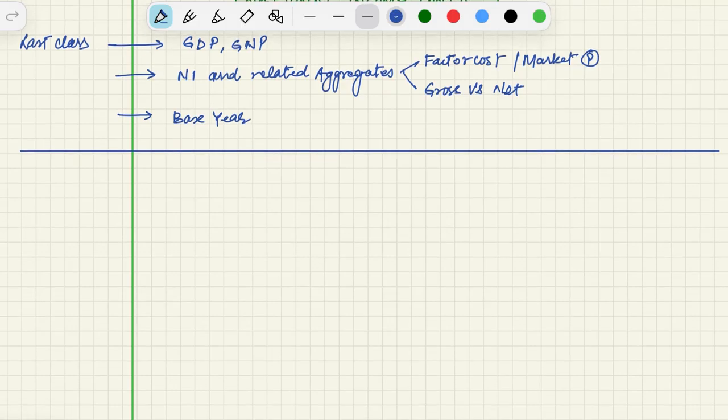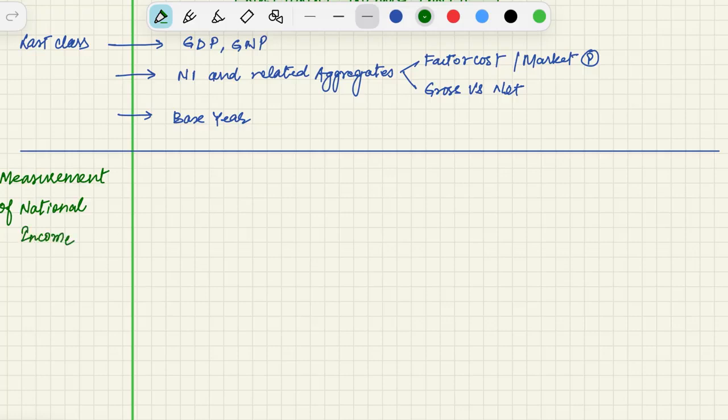So today I will discuss here the measurement of national income. I will continue from the previous lecture. That is the topic, measurement of national income.